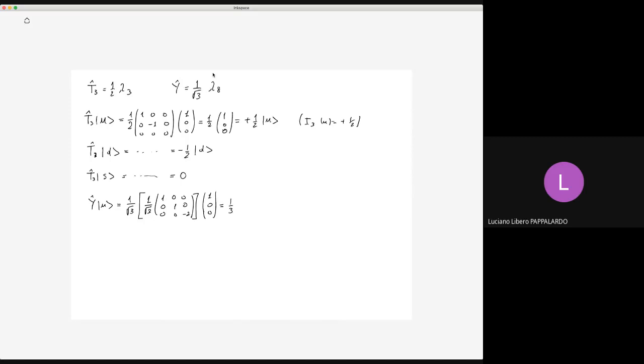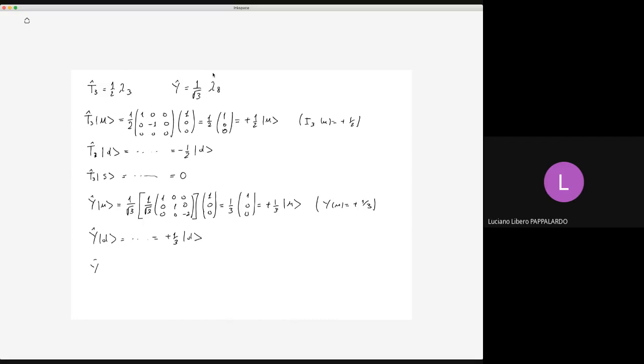That is 1/3 of 1, 0, 0, that is plus 1/3 U. So indeed, the hypercharge of the U quark is plus 1/3. And then you can repeat the exercise for the down quark. You're going to get again plus 1/3.